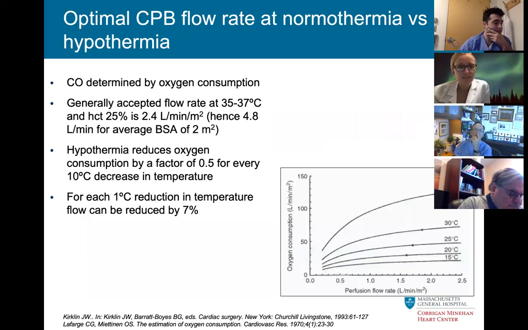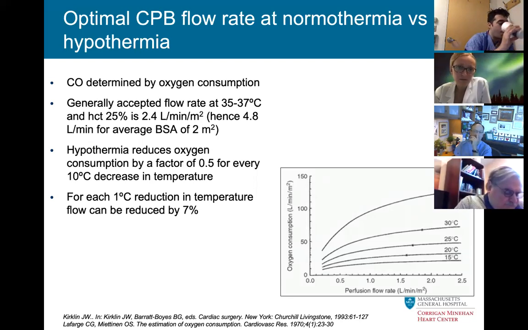A couple slides in terms of physiology that we wanted to touch on. Number 1, cardiac output is determined by oxygen consumption. We generally accept a flow rate of 2.4 liters per minute per meter squared. So about 4.8 liters per minute for, let's say, an average person with a BSA of 2.